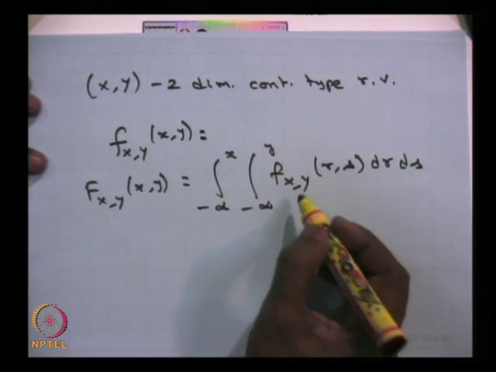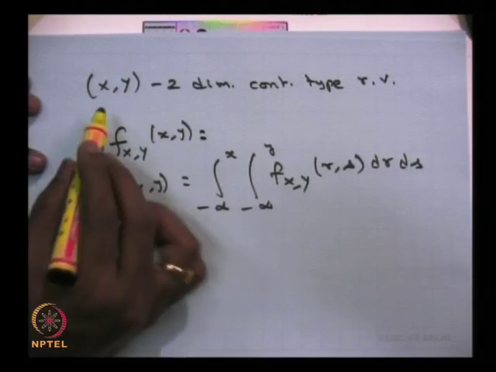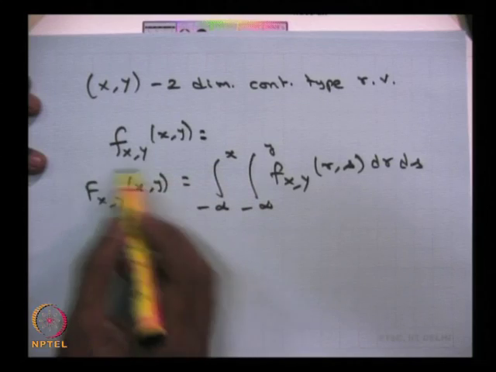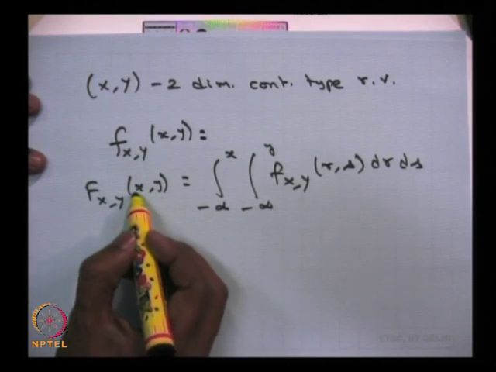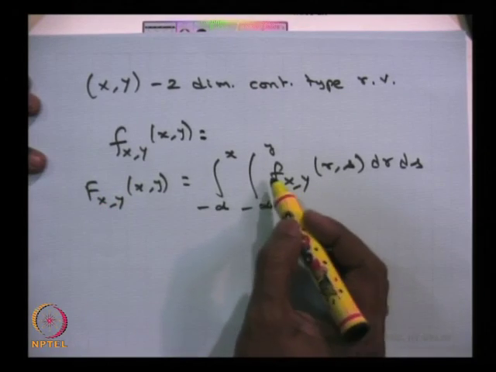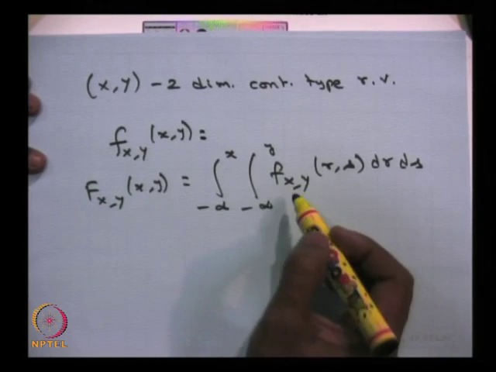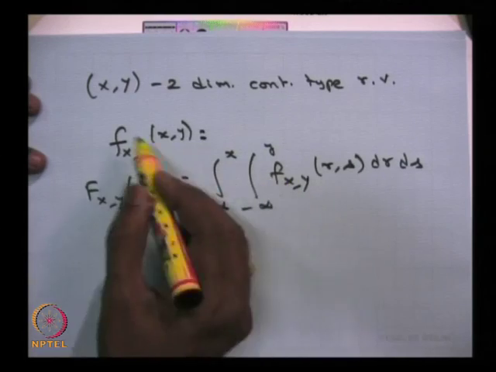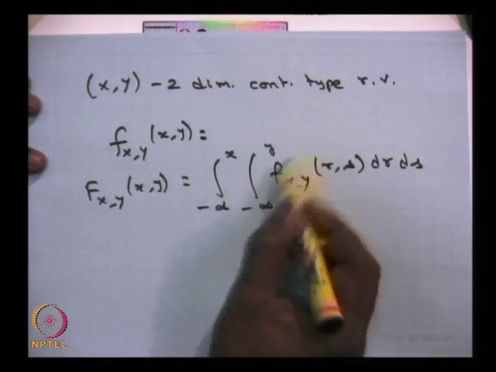That means since you have a continuous type random variable, you may land up with a continuous function in the two variables x comma y. By using the fundamental theorem of calculus, you can always land up with a unique integrand, and that is going to be the density function for this two-dimensional continuous random variable.